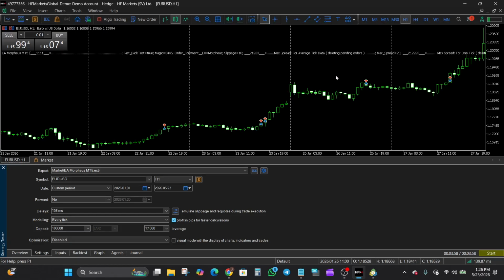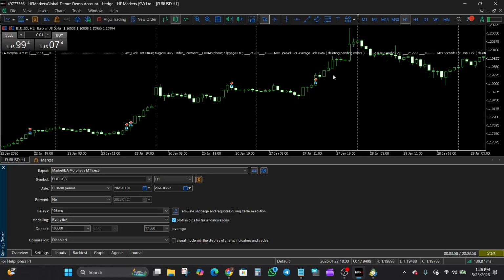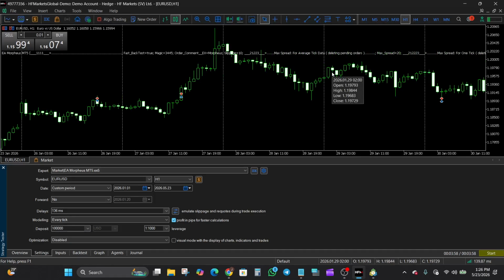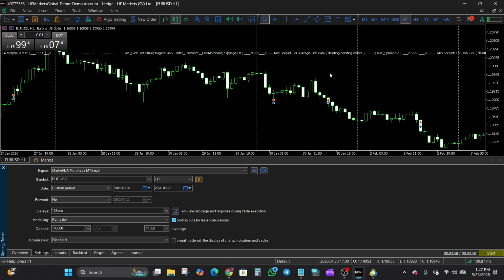From a behavioral point of view, the trailing mechanism seems to play a big role in how positions are managed once they go into profit, adjusting exits as price develops. But I'll still recommend running longer term testing yourself as well, so you can get a more comprehensive understanding of how the EA behaves across different market conditions.